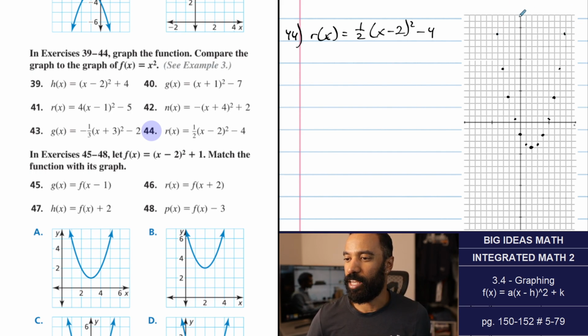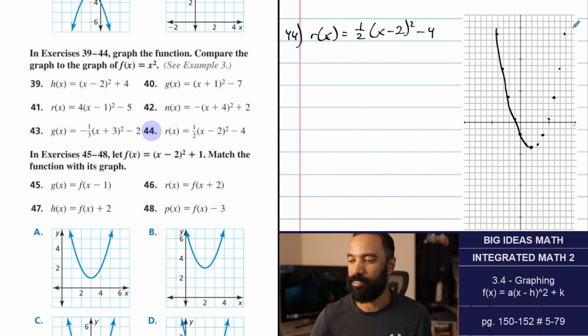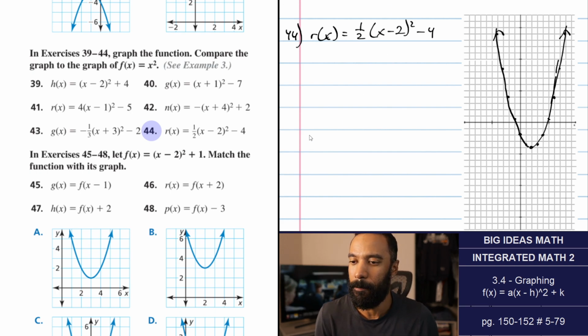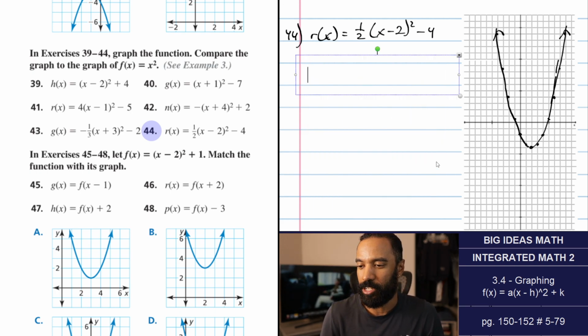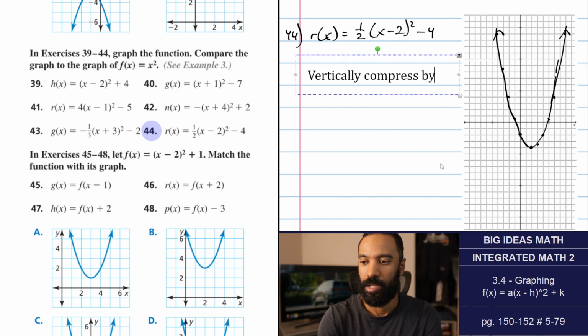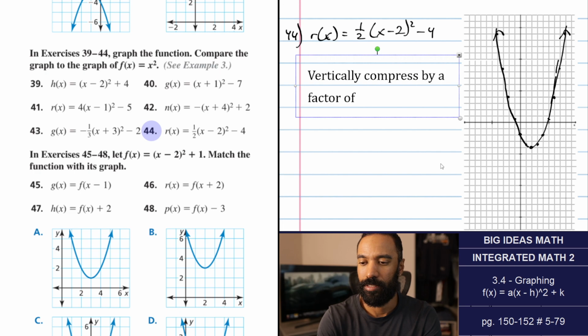All right, beautiful looking graph without a table. I hit 1, 2, 3, 4, 5, 6, 7. I hit 13 points on this thing in a matter of seconds. Okay, compare it to f of x equals x squared. There was no reflection, but it compressed. There's a vertical compression by a factor of 1/2.